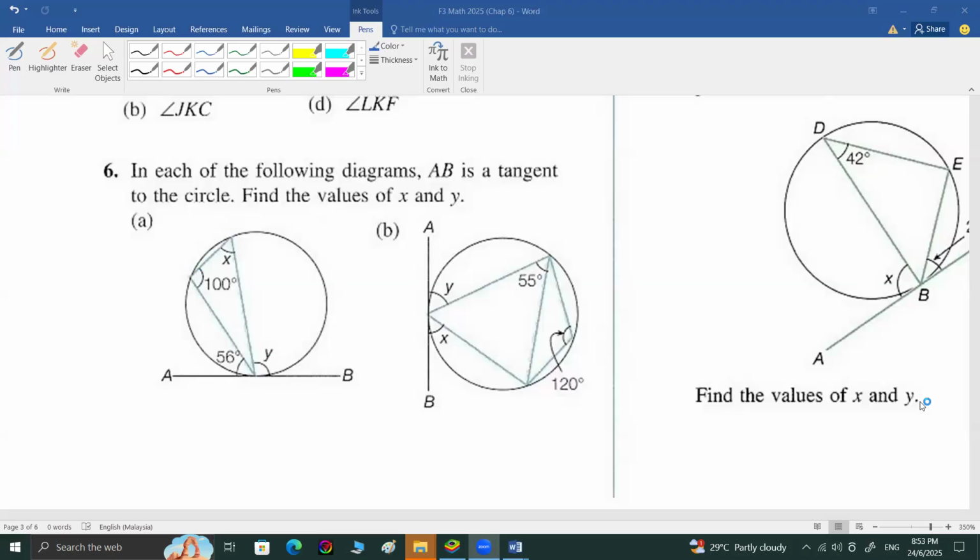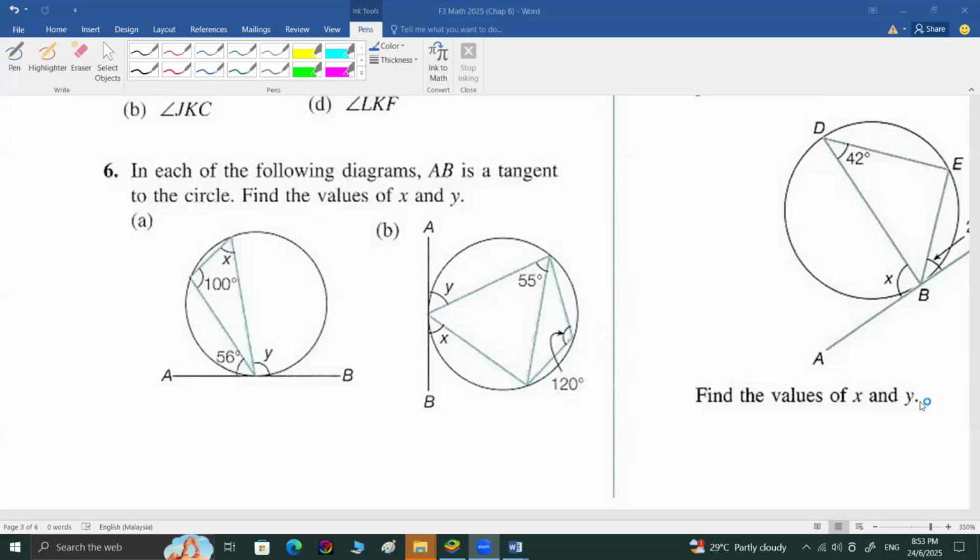For C, you can see the butterfly. And remember, yeah, you don't explain using the word butterfly in the exam, because sometimes you're asked to justify your answer.